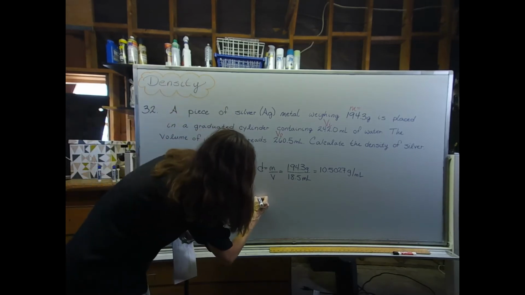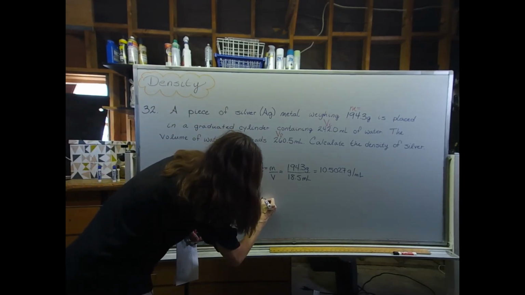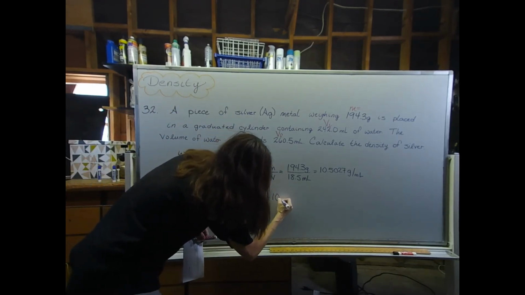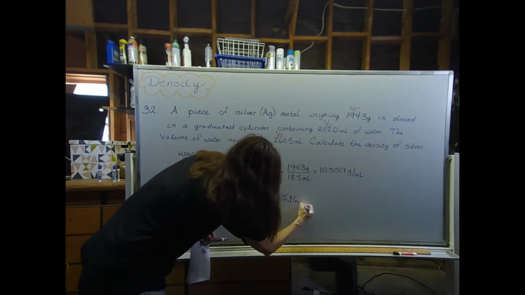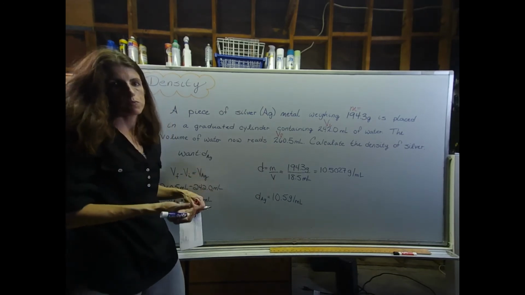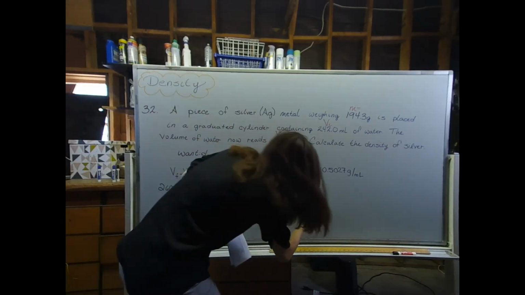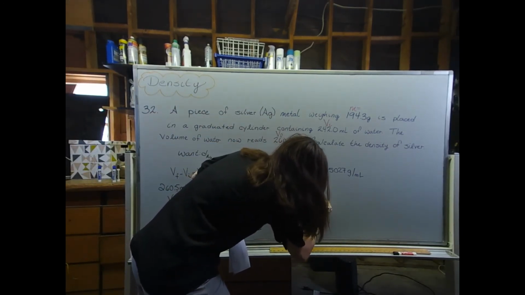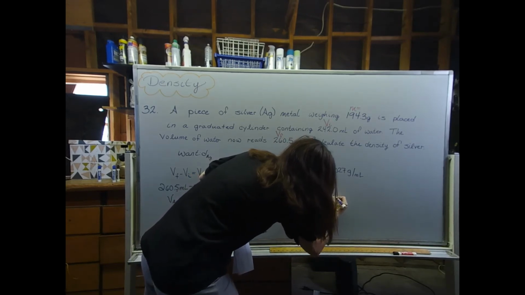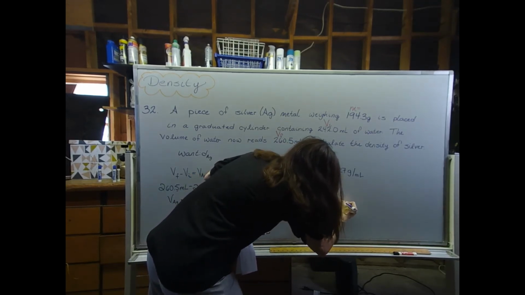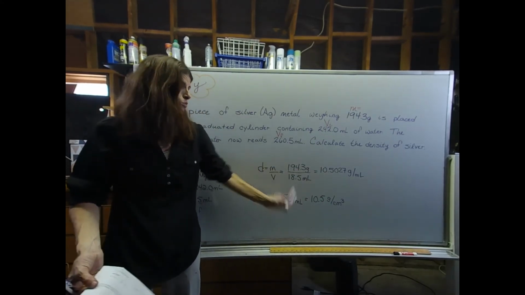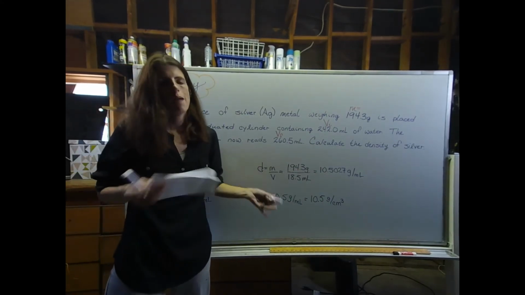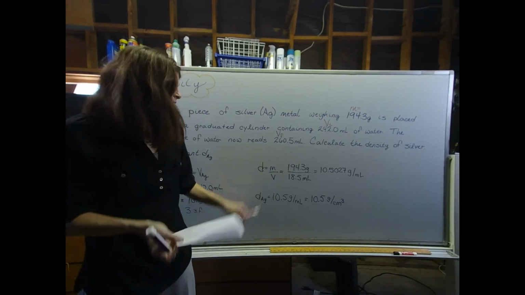So I'm going to report the density of the silver as 10.5 grams per mil. And you can also change the grams per mil to grams per centimeters cubed if you want. A lot of times people associate the milliliters with the liquid and the centimeters cubed with solids, but I'm not picky. I'll take either one and mark it correct.